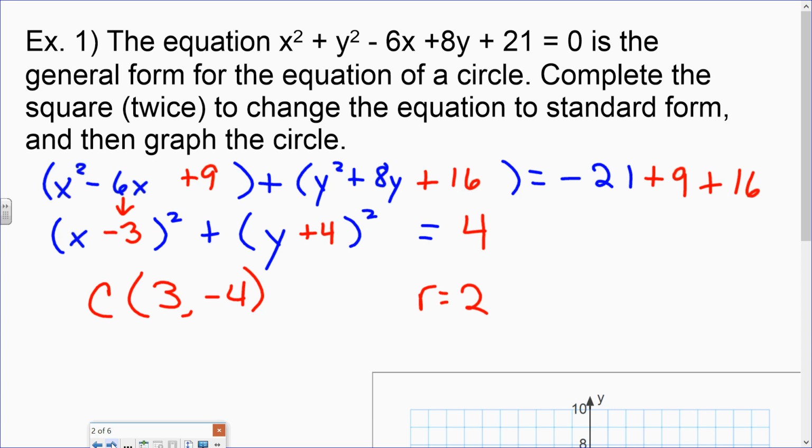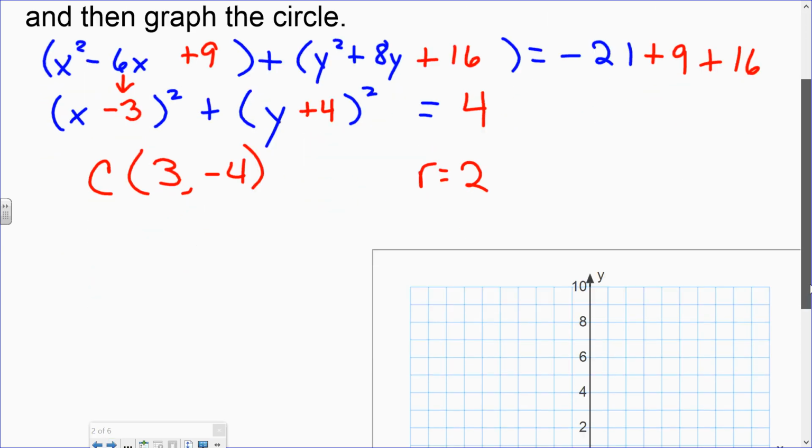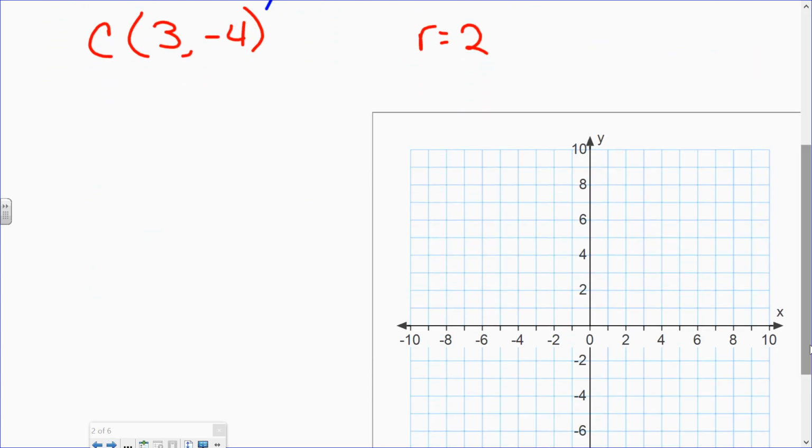So now we simply need to sketch the graph. So center is 3, negative 4. So I put a dot there. Radius is 2, so I'm going to do dots in 4 directions, straight up, straight down, straight left, straight right. So 2, 2, 2, and 2. So I have 5 points.